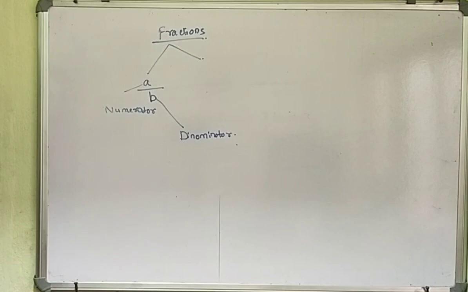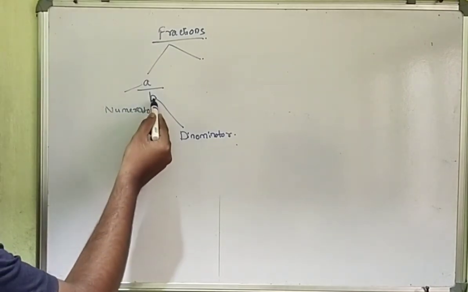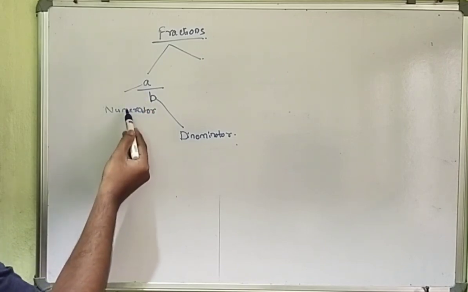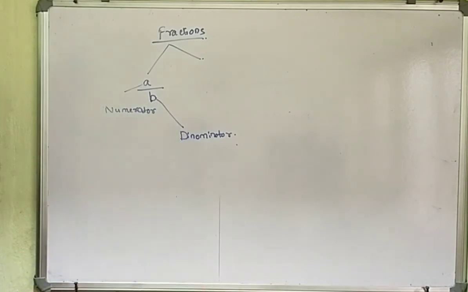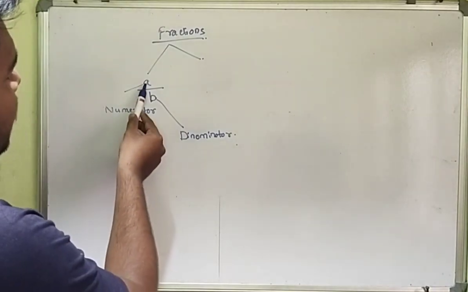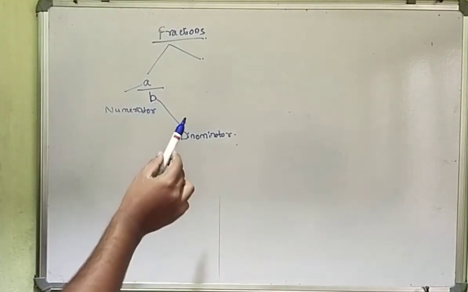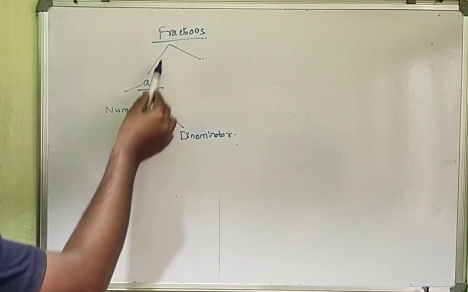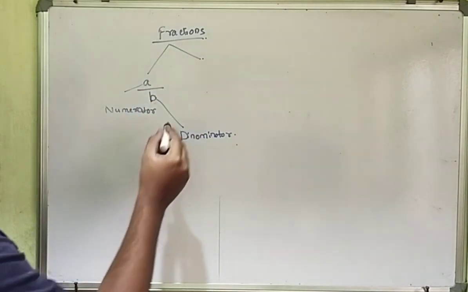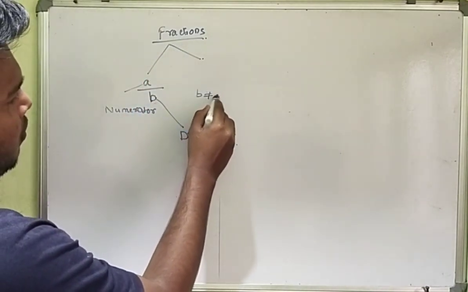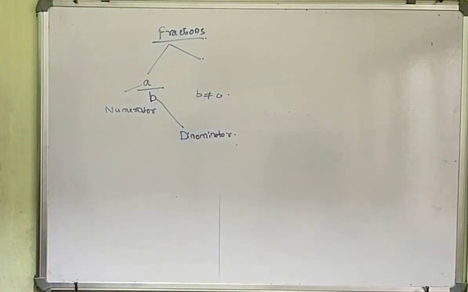Okay, so this is the definition of a fraction. But what is the one thing here? A and b should be natural numbers in fractions, and b is not equal to 0.